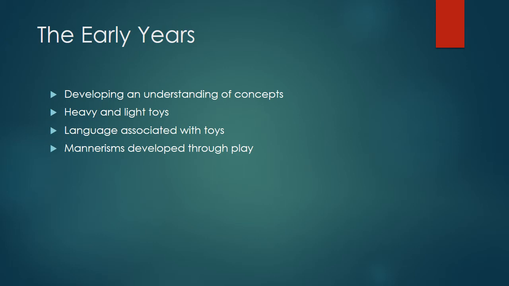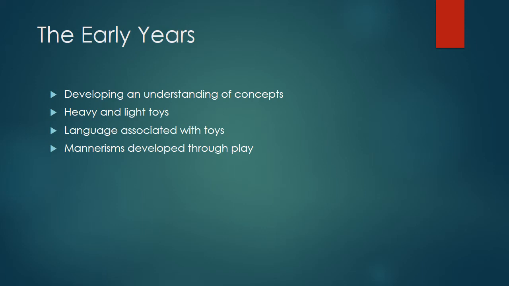When children are young, they have no hang-ups about maths, no preconceived ideas. This is a perfect time to develop their understanding of mathematical concepts. Teaching children the concept of weight or mass is as simple as giving the children a variety of objects. They quickly learn, incidentally, what is too heavy to pick up or light to pick up.